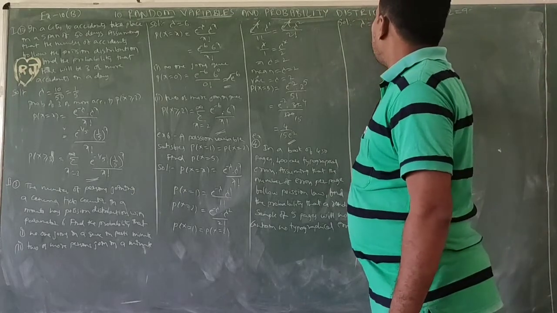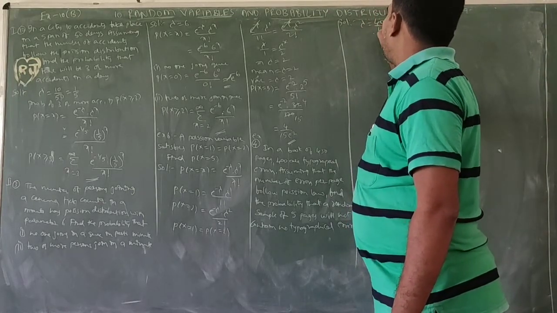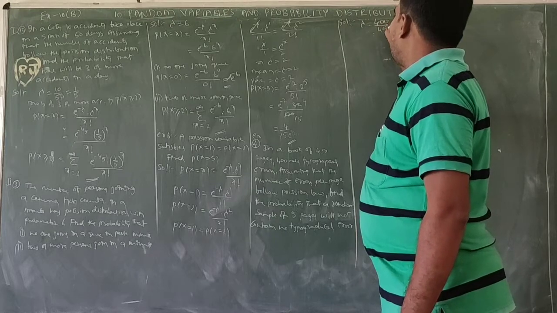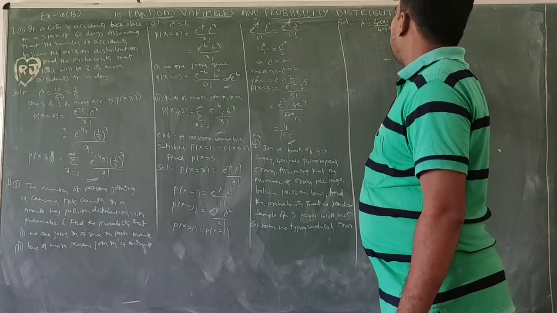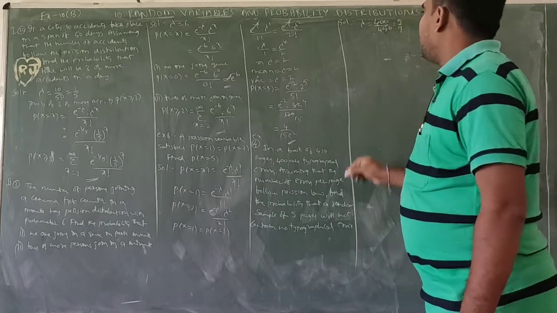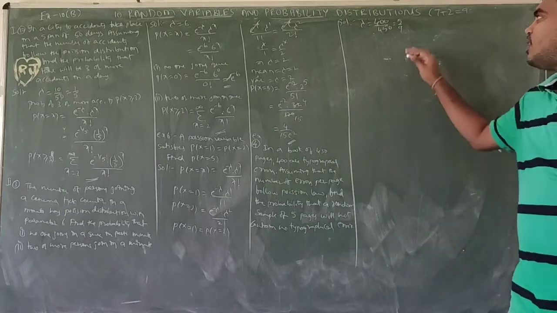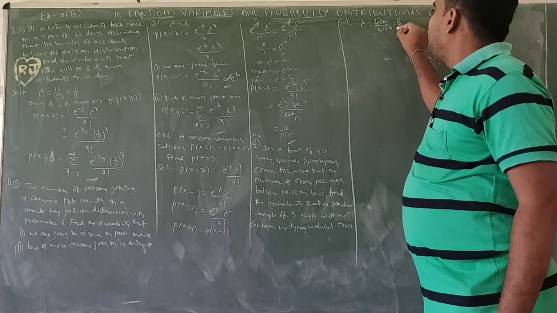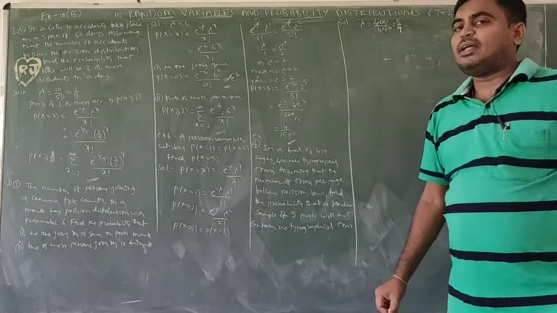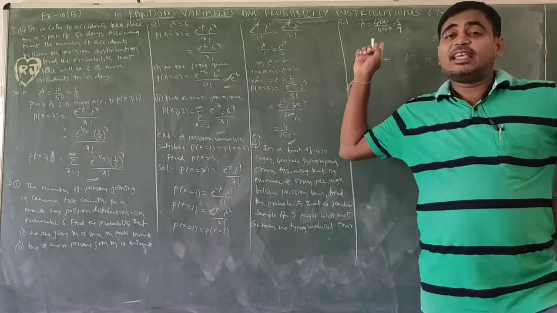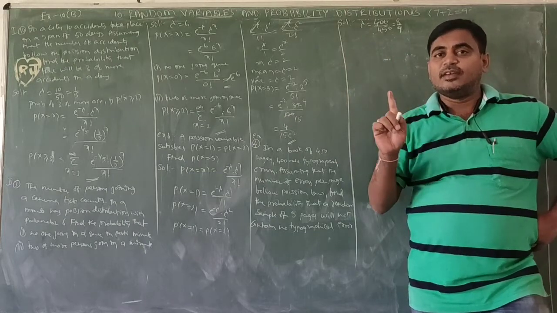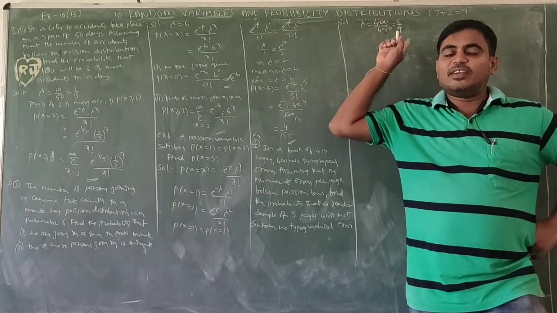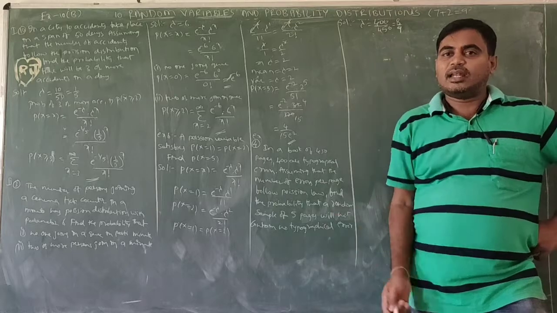So lambda equal to 400 by 450, which is 8 by 9. Lambda value is 8 by 9. This is calculated for a single page. For a single page, the typographical error parameter is 8 by 9.